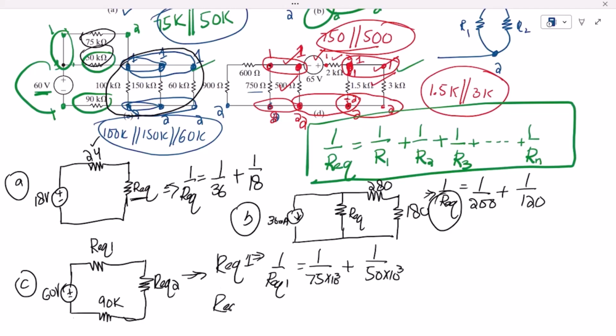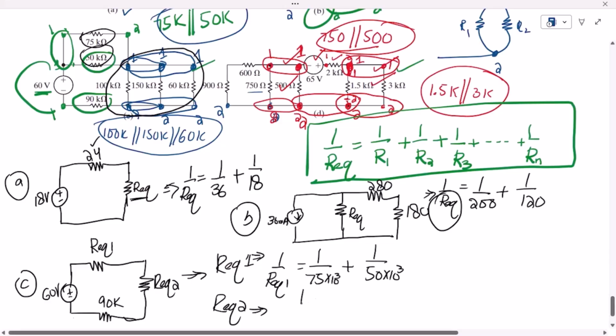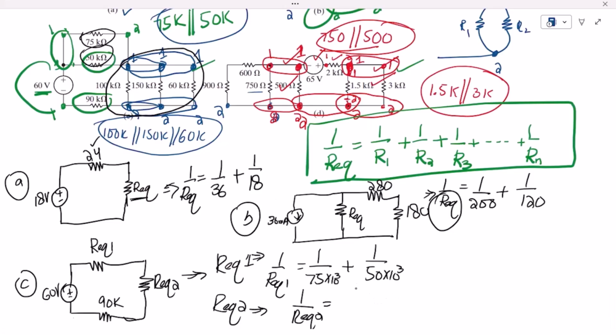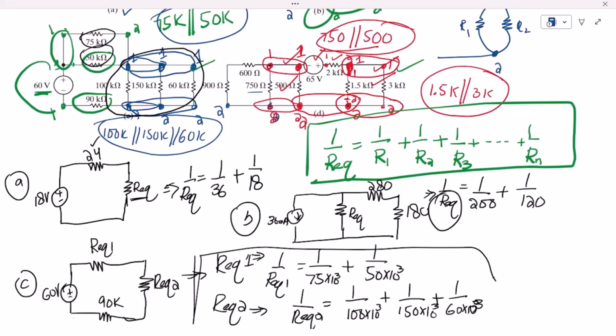Similarly, to find R equivalent 2, the three resistors are 100K, 150K and 60K. So 1 over 100 into 10 to the power 3 plus 1 over 150 into 10 to the power 3 plus 1 over 60 into 10 to the power 3. So by using these, you can find out R equivalent 1 and R equivalent 2.